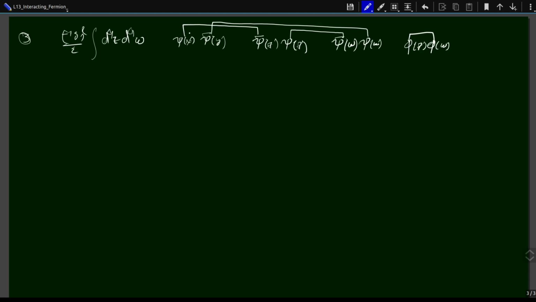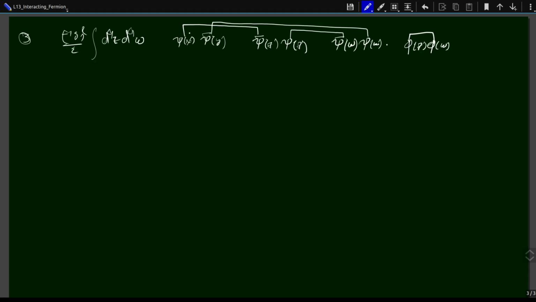Okay, so let me write it here. If I shuffle, what do I need? If I just put this psi bar y across to this side, then this becomes simple. This is psi x and psi bar z comes next to each other, psi z and psi bar w come next to each other, and psi w and psi bar y come next to each other. So everything is matrix multiplication, very nicely done, not an issue.